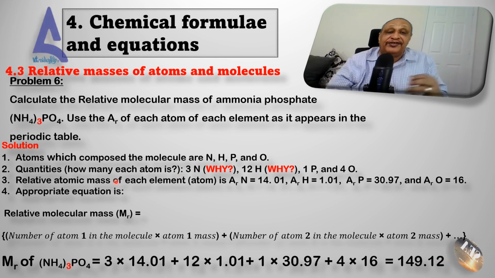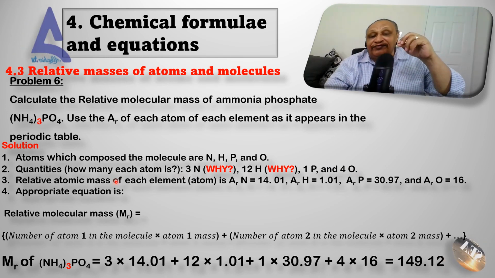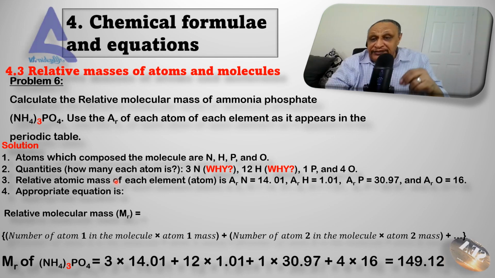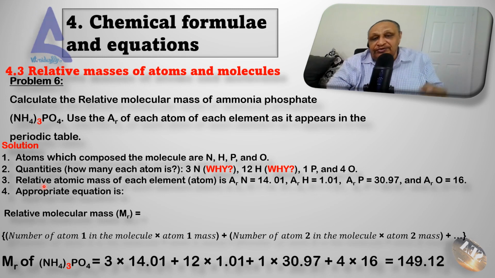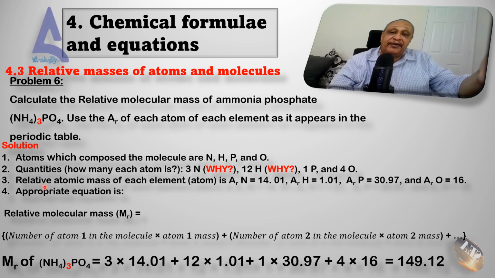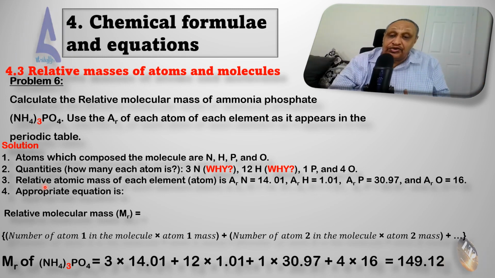Now I determine how many of each atom are in this compound. Now I'm going to look in the periodic table and bring the relative atomic mass of each element, and it appears like this for each one.